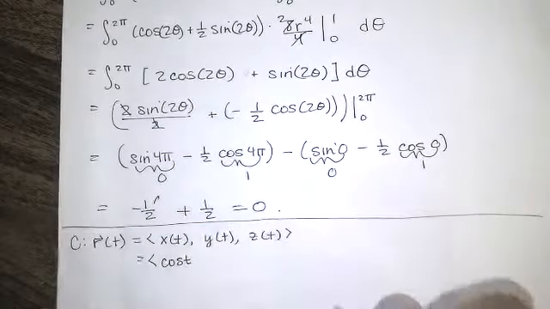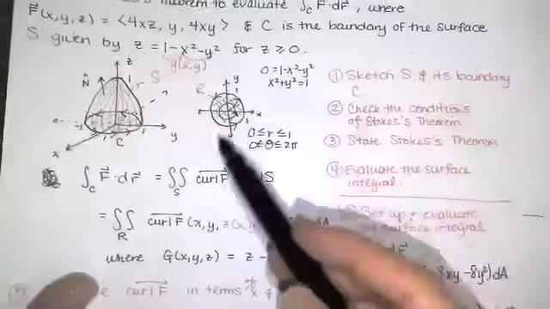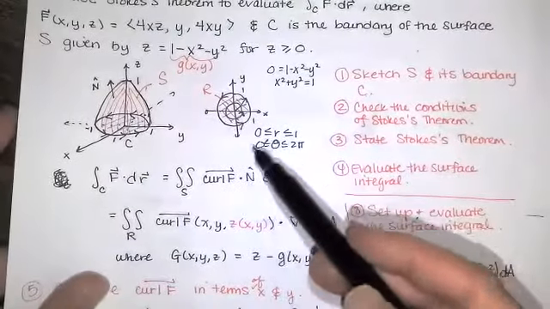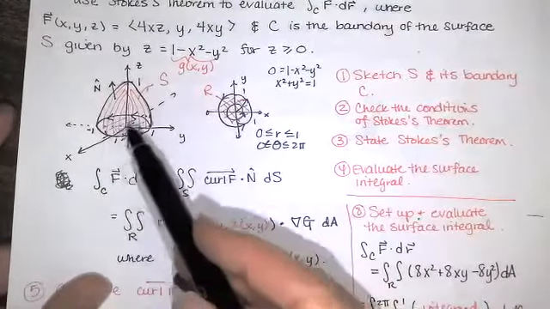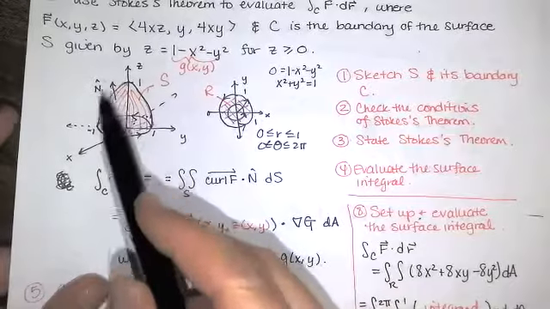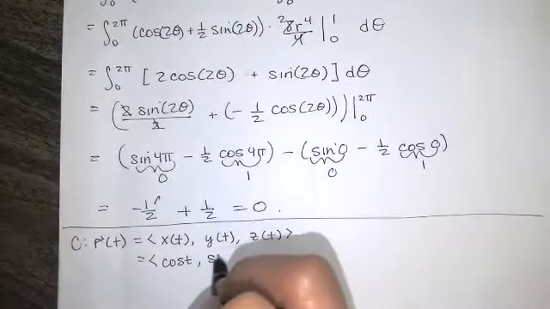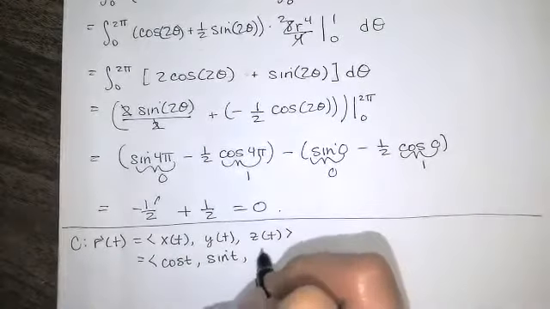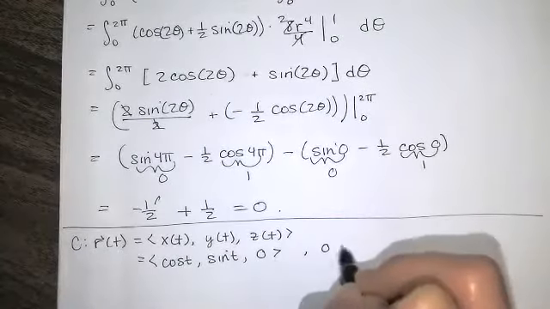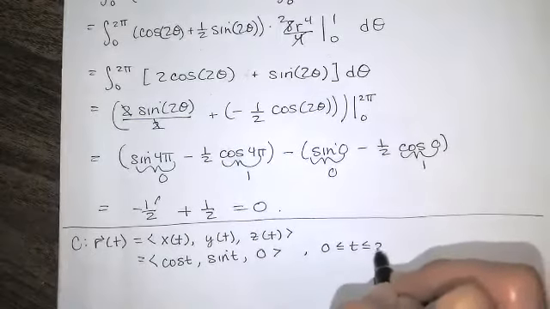So if I want to go around that unit circle in that counterclockwise direction, which is what's necessary so that this curve is oriented positively relative to n, x should be cosine of t, y should be sine of t, and z should be 0. If we want the whole curve, t should go from 0 to 2 pi.